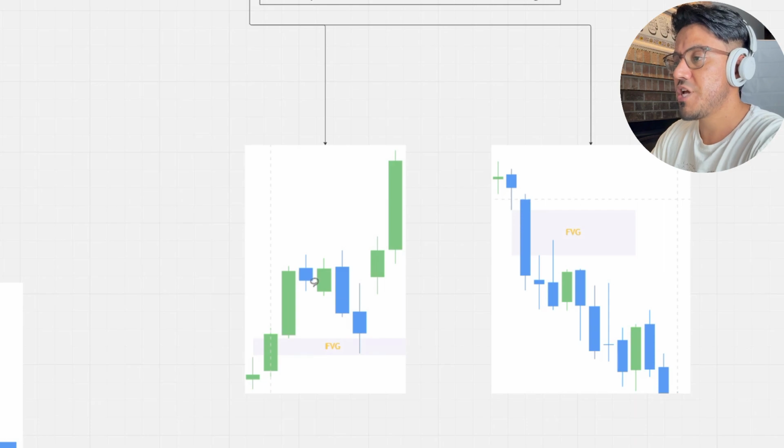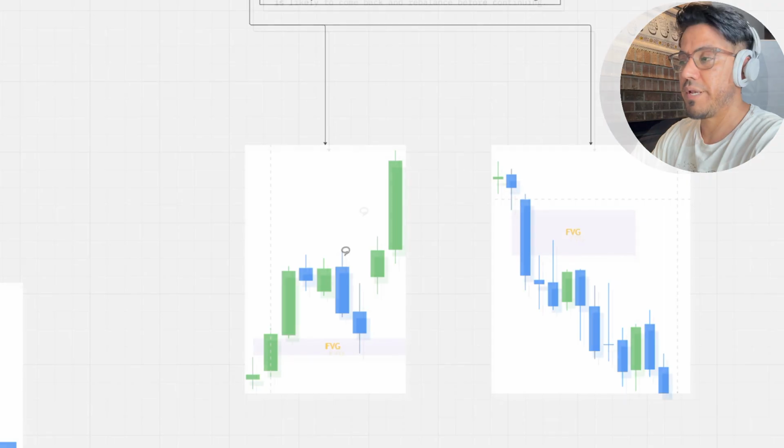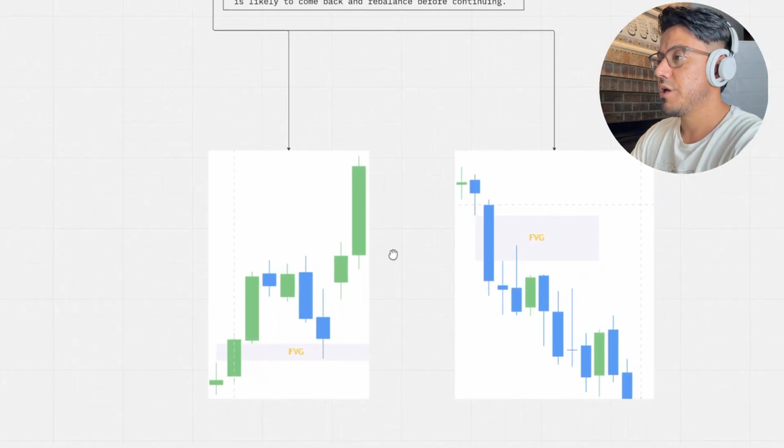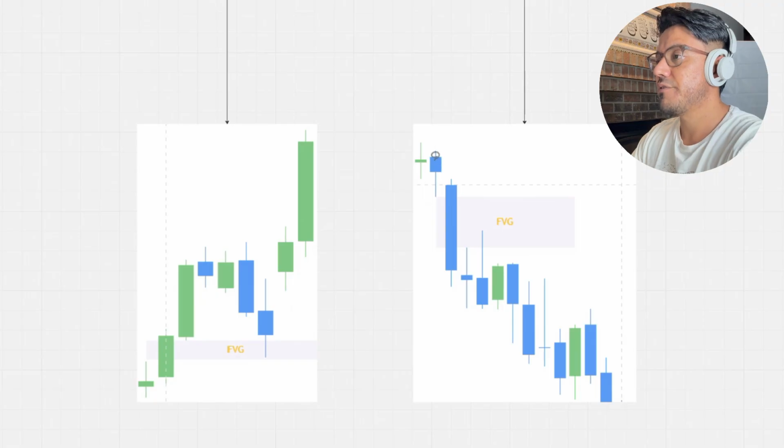There is a chance that the price trades back, taps the FVG, and reverses, going back to its original movement, which is bullish. And in a bearish trend, we have prices expanding, consolidating, tapping into the fair value gap, and then it reverses.